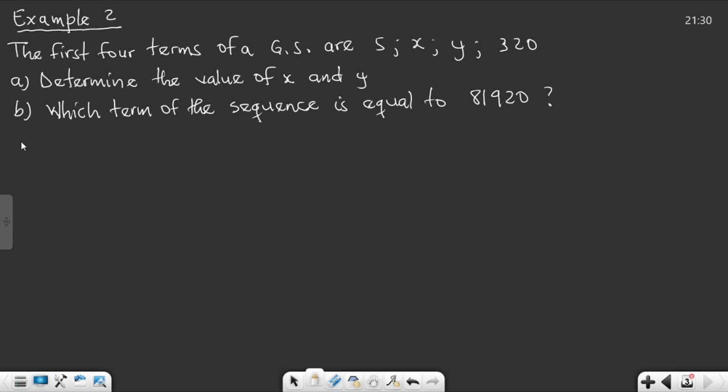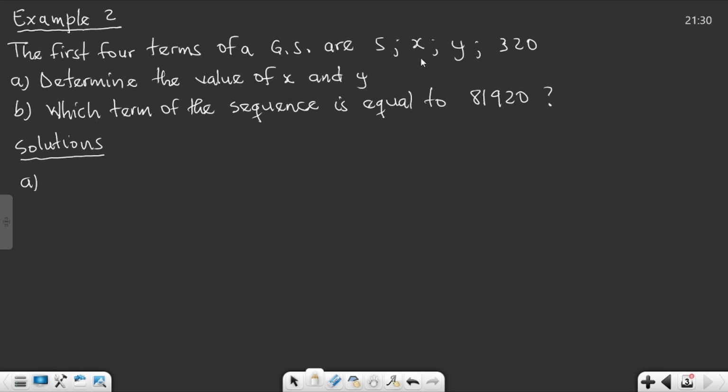Okay, solutions. Question A is asking for the value of x and y, and we are told that this sequence is a geometric sequence. So we need to solve for x and y.